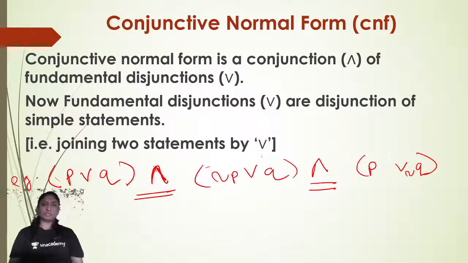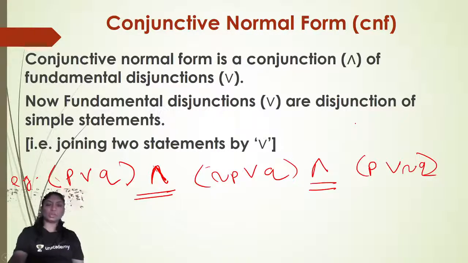Conjunctive normal form is a conjunction of fundamental disjunctions. These are the fundamental disjunctions; in a small bracket there is or, and between the brackets there is and. This is your conjunctive normal form.